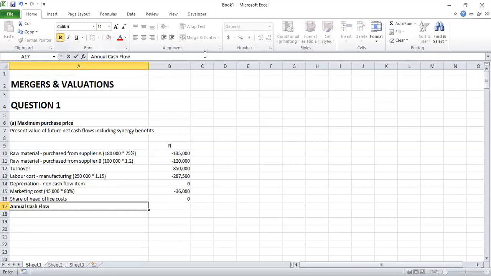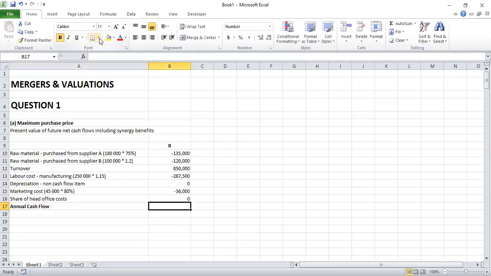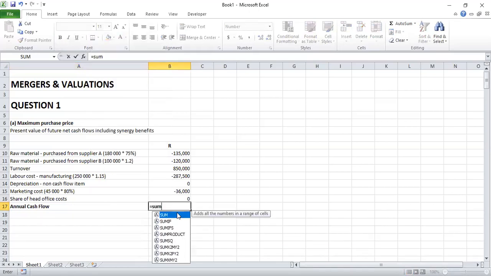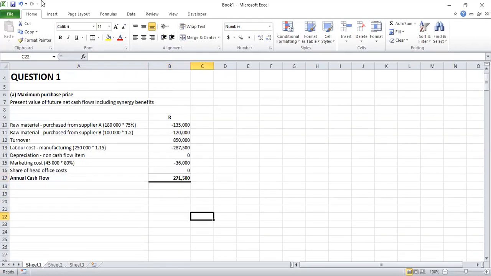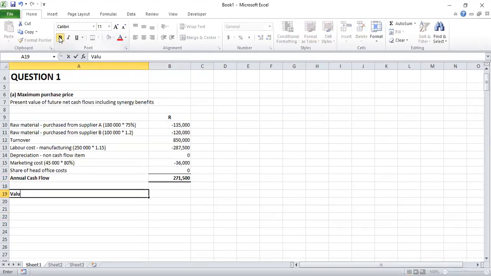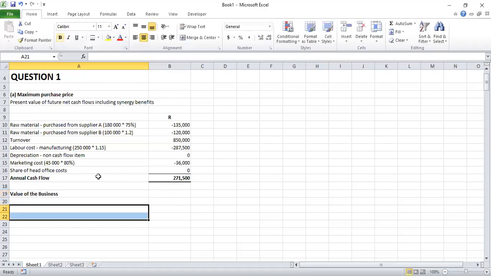Which we also call the free cash flow. So actually, this is part of the free cash flow method. Up to infinity, this is the cash flow that they will expect, but it will increase at 14% per annum. Now the value of the business is the free cash flow divided by Ke minus g.